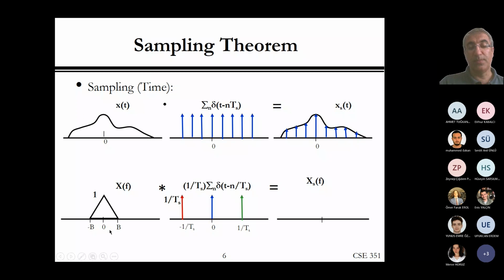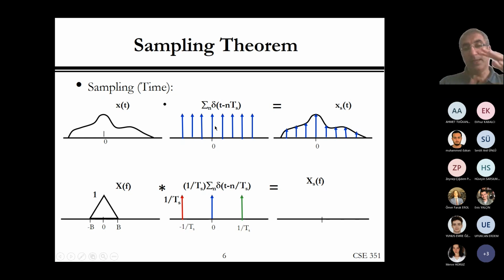This is my bandwidth B signal. If you apply the Fourier transform to the delta impulse train, it's an impulse train separated by 1 over Ts, also known as Fs, which is the sampling frequency.